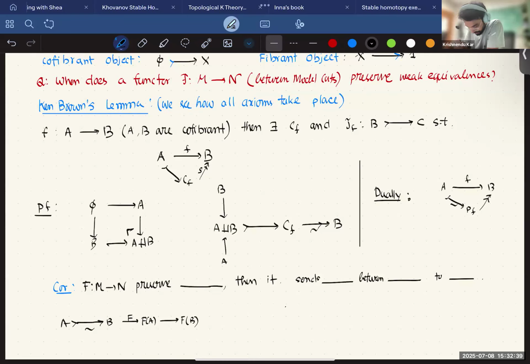So what is the lemma? Take a map F between two cofibrant objects, A and B, both cofibrant.